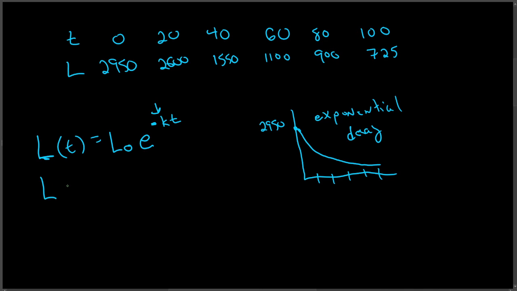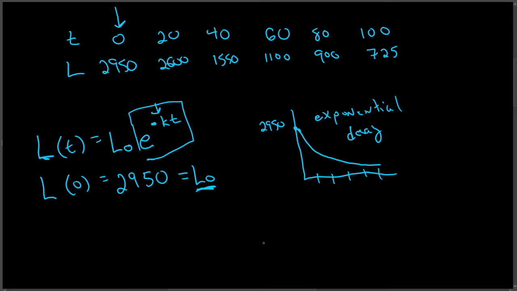So in general, with exponentials, the zero makes the exponential term 1. And we also know as a function, at time equals 0, this function is equal to 2,950 nanograms per milliliter. So we know that the initial value at time 0 is there. By definition, we can grab that because this is our value at time 0.